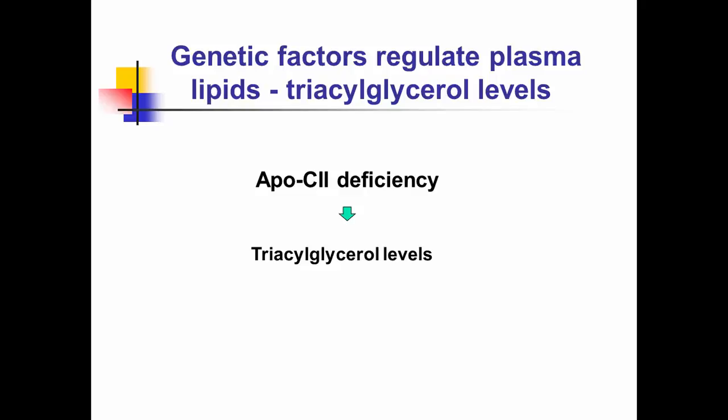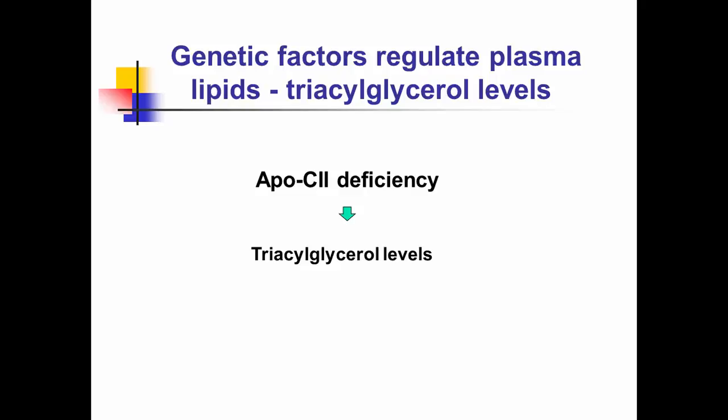One example is ApoC2. Do you guys know what ApoC2 does? How does ApoC2 function in terms of cholesterol levels, chylomicron levels, and VLDL levels?